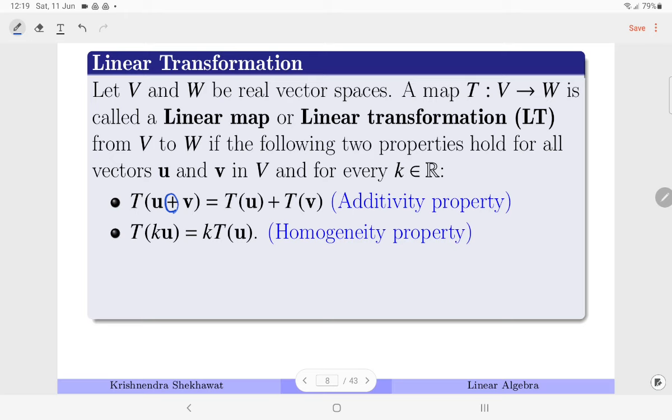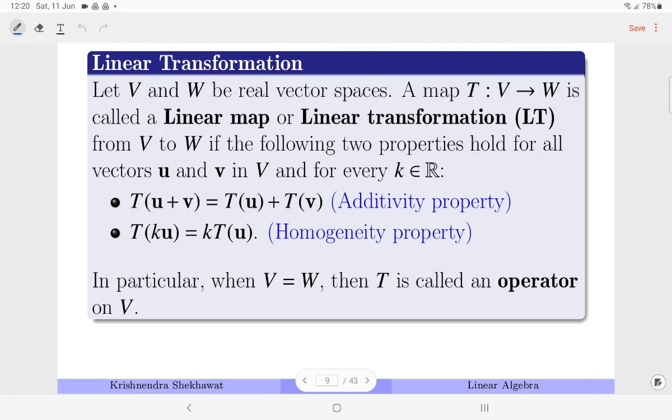On the left hand side there is a vector addition between the vectors of V, while on the right hand side the vector addition is for the vectors of W. Similarly, for the second property, there is scalar multiplication k dot u, and on the right hand side, there is scalar multiplication between a scalar and a vector of W. If the following two properties hold, then we say it is a linear transformation.